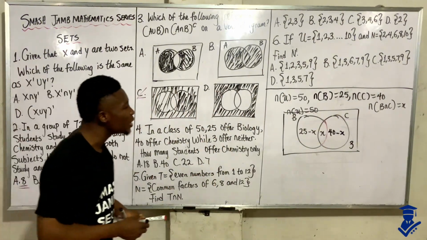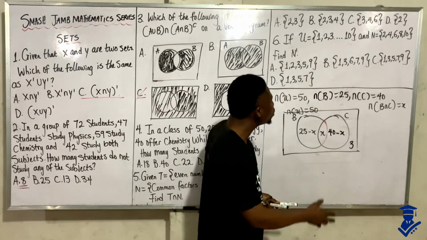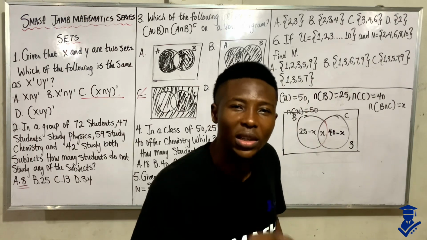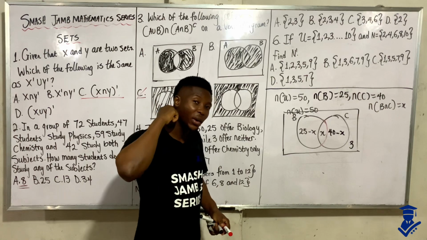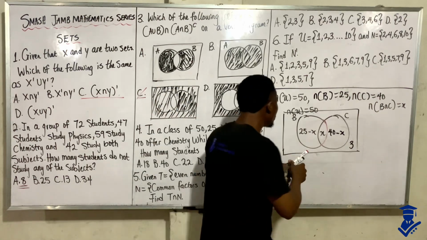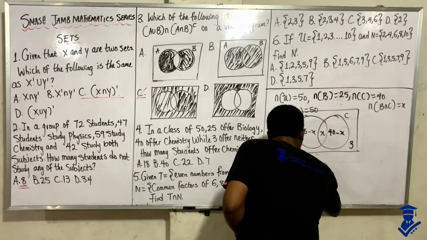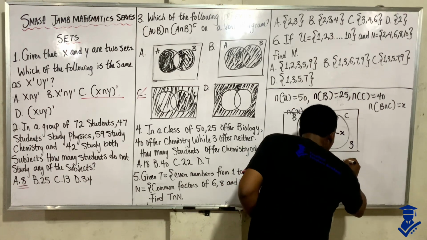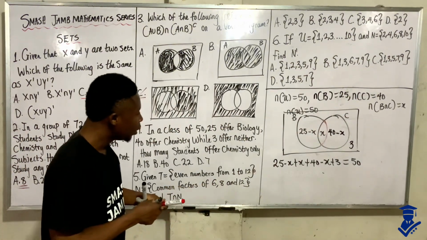So this means that, how can we get this intersection? Because for us to be able to get the number of students that offer chemistry only, we have to get the number of intersection. That's the number of students that offer chemistry and biology. Alright? Now, what are we going to do? This becomes 25 minus X plus 40 minus X plus 3 is going to give us 50. Alright? Now, what's going to happen here?